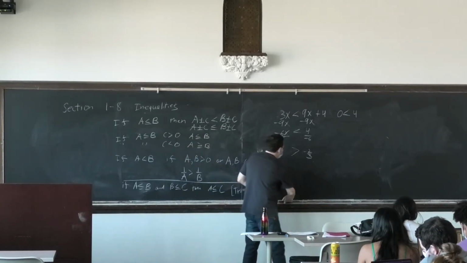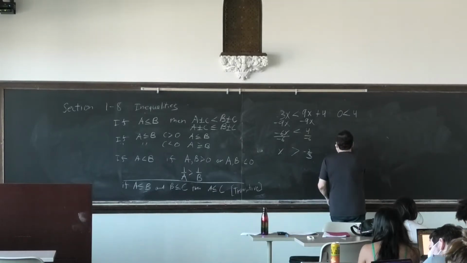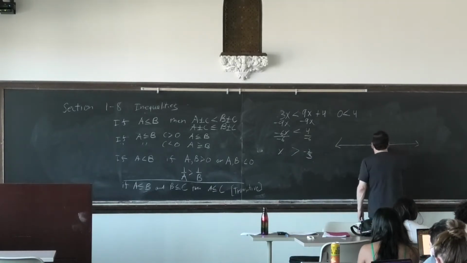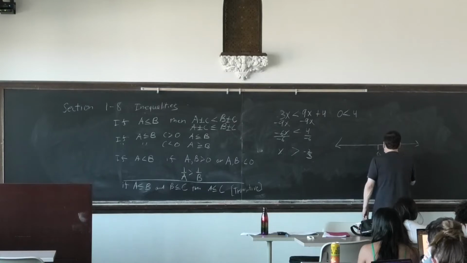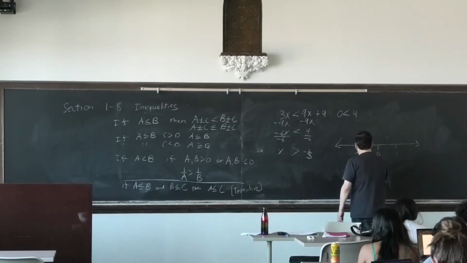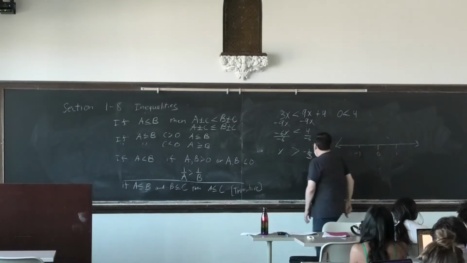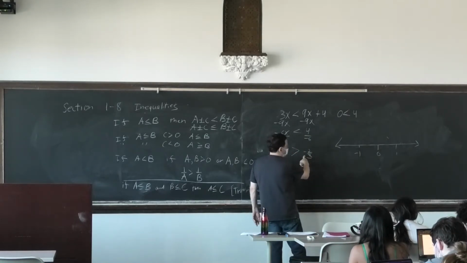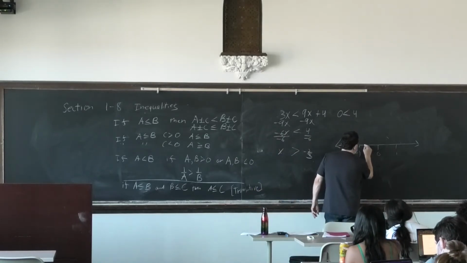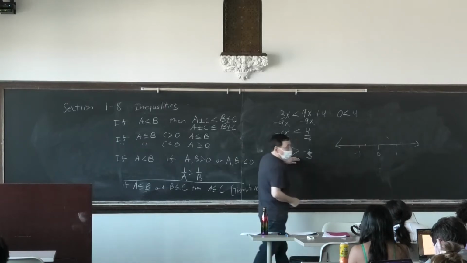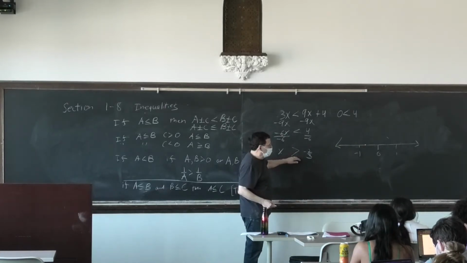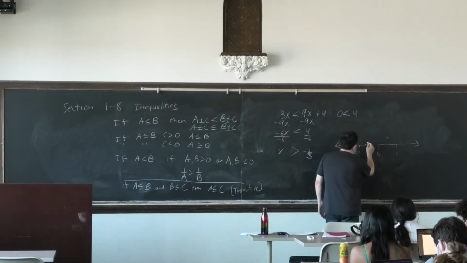All right, so how would we graph this? We draw a number line. 1, -1. And where's -2/3? It's about here. Since this is greater than, not greater than or equal to, this is an open interval.